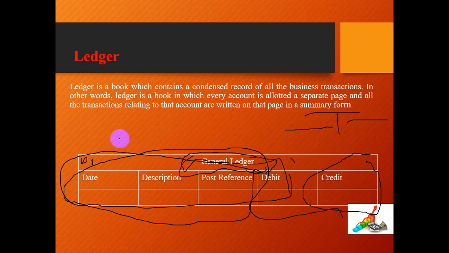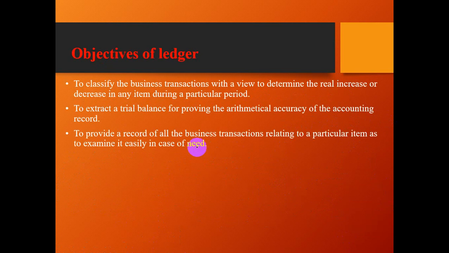So when we make a ledger account, what is its objective? First, to classify the business transactions with a view to determine the real increase or decrease in a particular item during a particular period. We need to check whether an item is increasing or decreasing in the ledger account.